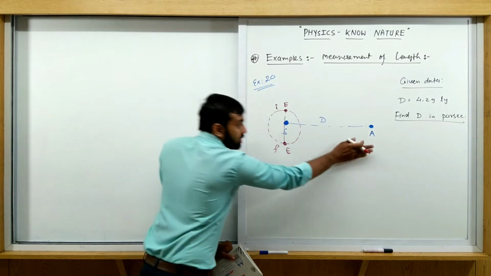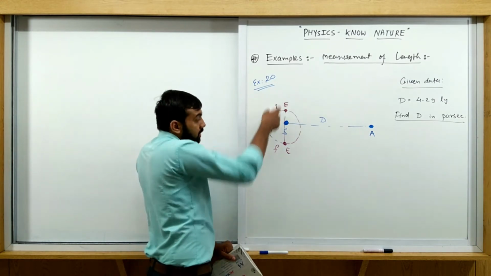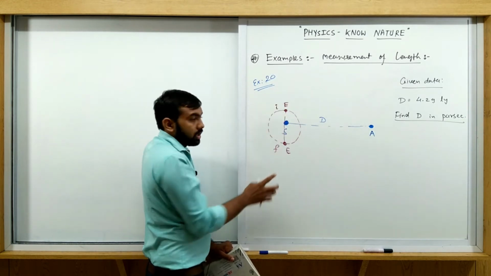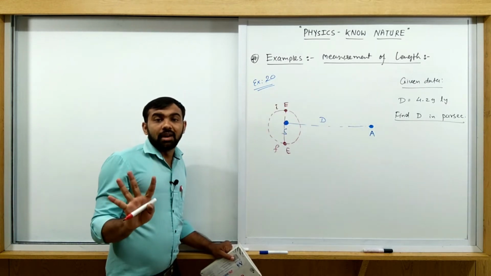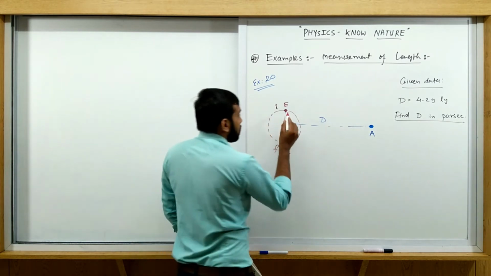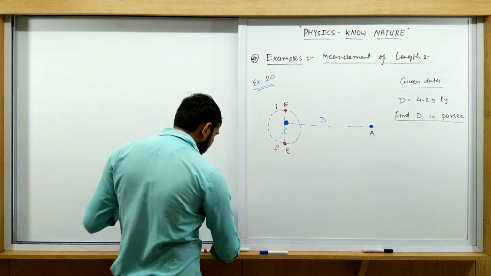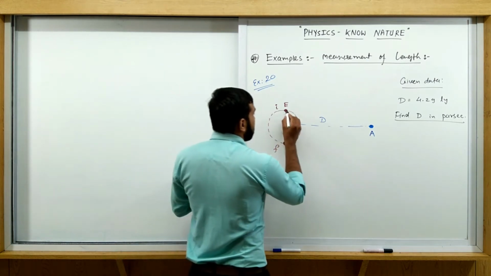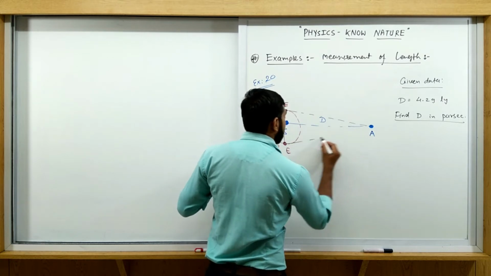So actually this star is observed from the Earth 6 months apart. 6 months apart means initial to final, from here to here. So it's viewed in this way, from here to here, and here to here.